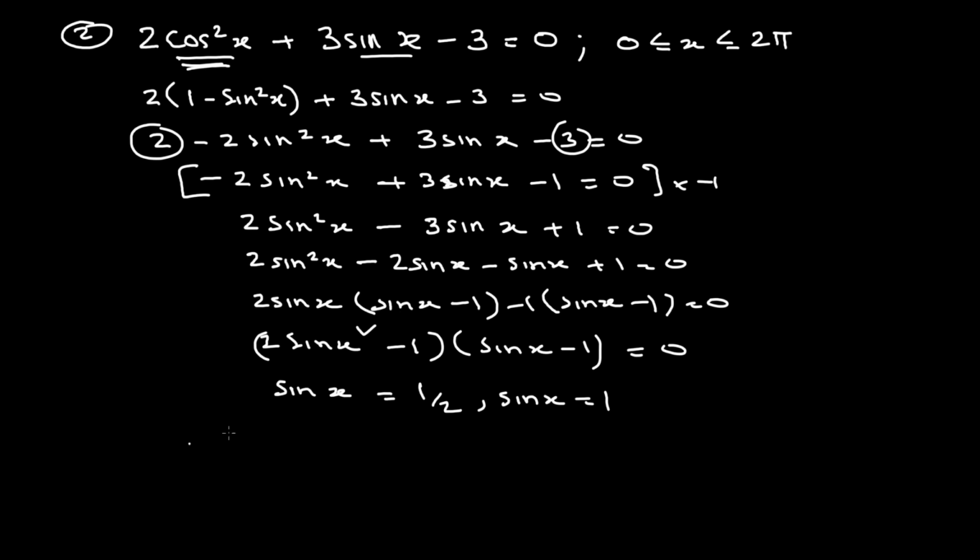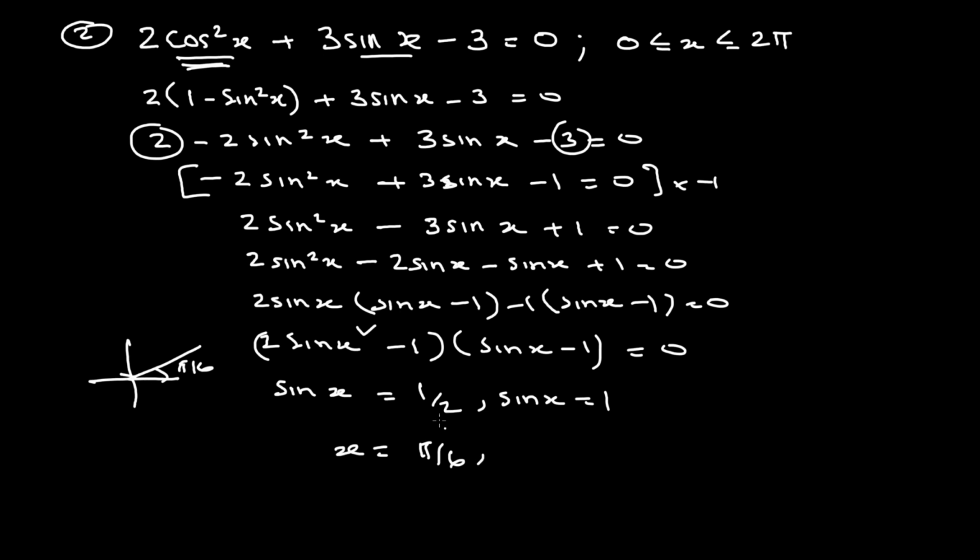Now, we know from our special angles that sine x equals one half gives us pi over 6. So we can say x is equal to pi over 6. That's the first one. But that's not the end, because we can still check. We got it from here. The reference angle was pi over 6, and so the angle itself is pi over 6.